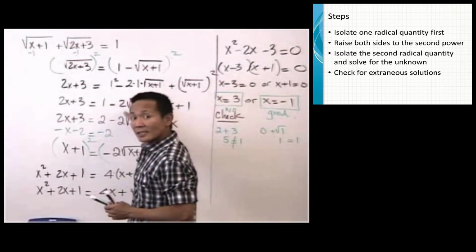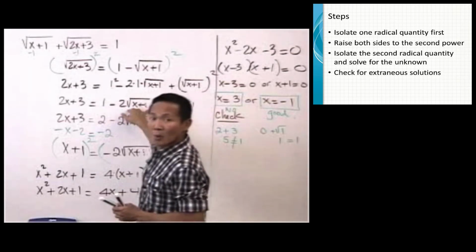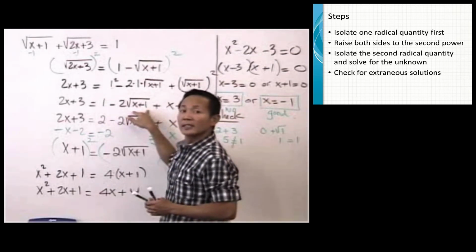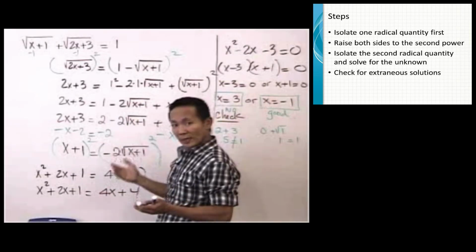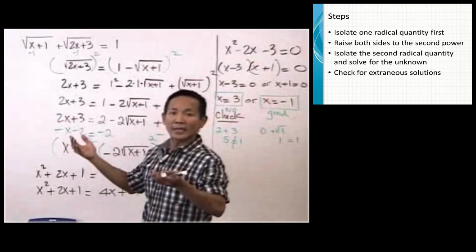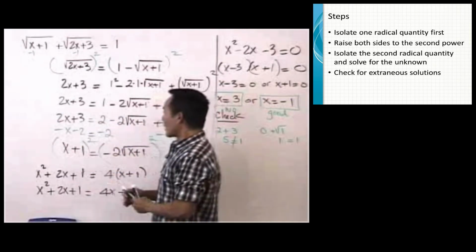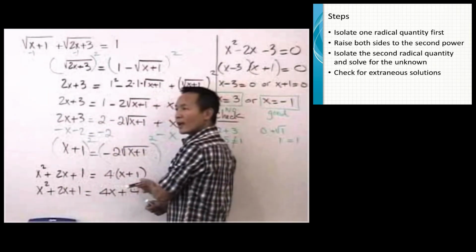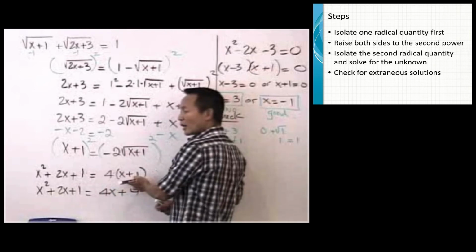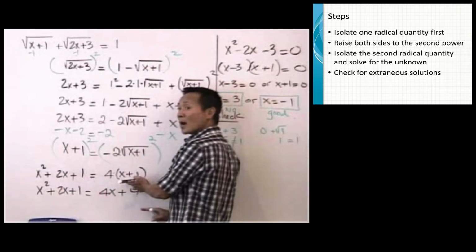And then we isolate that radical quantity. Okay? And then we continue to raise to the second power again. And after that step, I end up with a very nice equation with no more radical quantity in it.